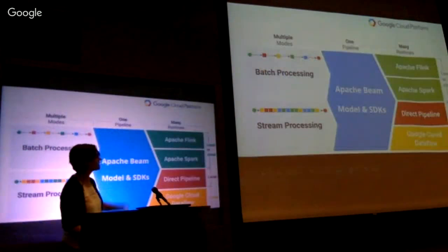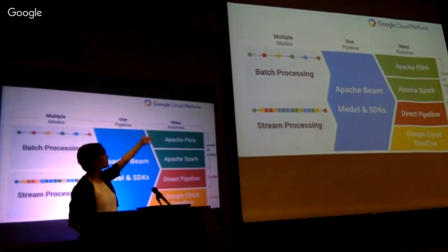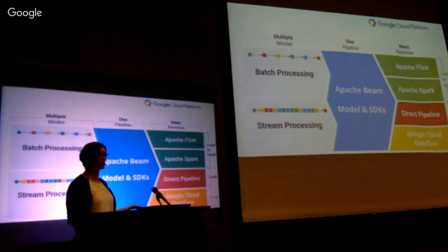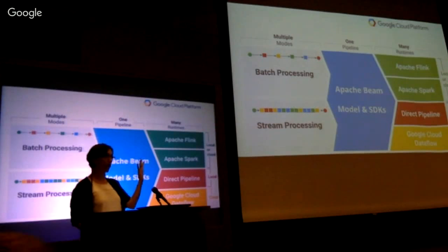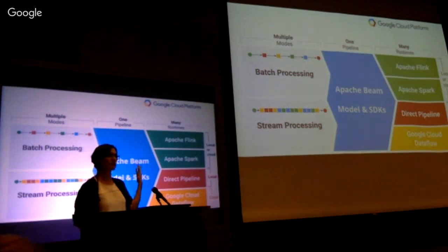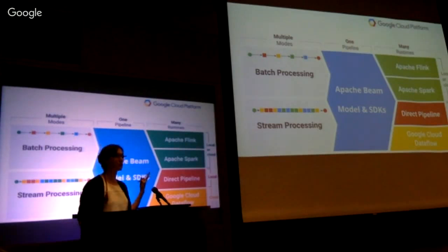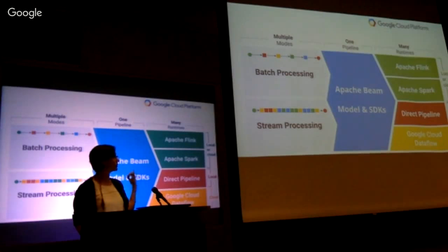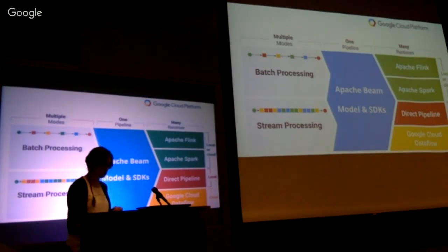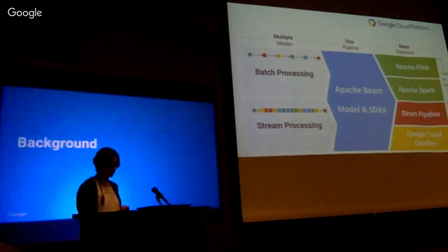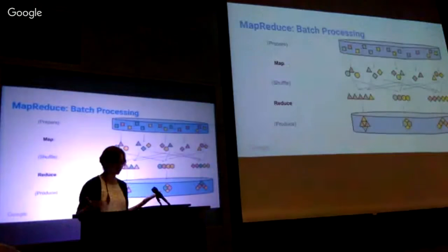You've seen the slide. So the Apache Beam model allows us to do batch and streaming processing. And when you want to run your pipelines, you currently have four options. One is to run in the open source world with Apache Flink and Apache Spark. And then we have the direct pipeline runner for testing and Google Cloud Dataflow that you've heard quite a bit about from Apurva.